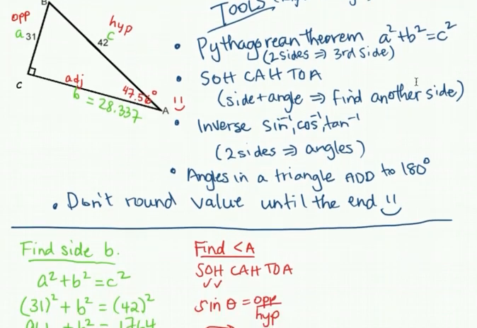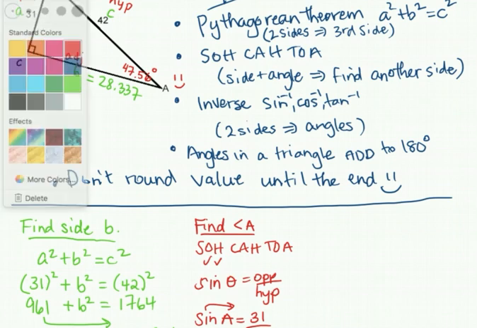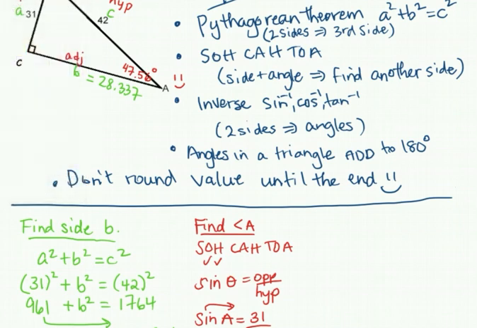So to find angle B, okay, angle B. All right, so what we're going to do here is we're going to use the angles in a triangle add up to 180.